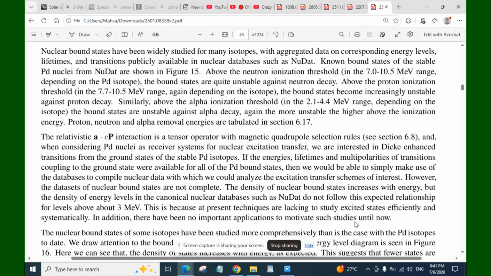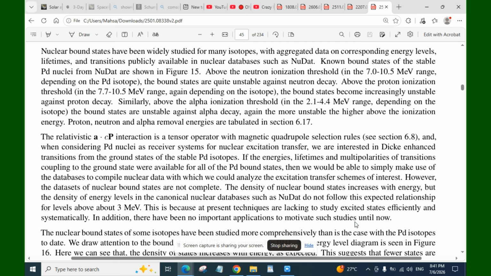The relativistic all-CP interaction is a tensor operator with the magnetic quadrupole selection rules, see section 6.8, and when considering palladium nuclei as receiver systems for nuclear excitation transfer, we are interested in decay-enhanced transitions from the ground states of the stable palladium isotopes.